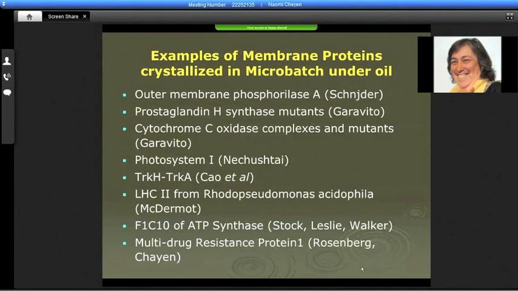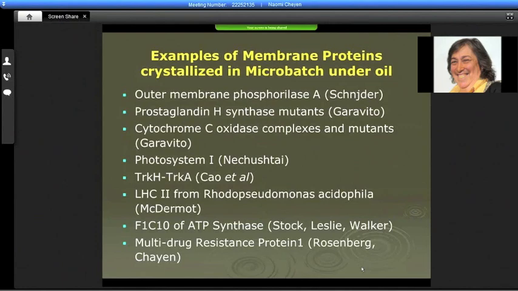But the bottom line is that if you have a membrane protein and you've got a problem and it doesn't crystallize, it's absolutely worth trying microbatch. This has happened time and time again, that people have tried for years and it didn't work, and microbatch gave them crystals and diffracting crystals.